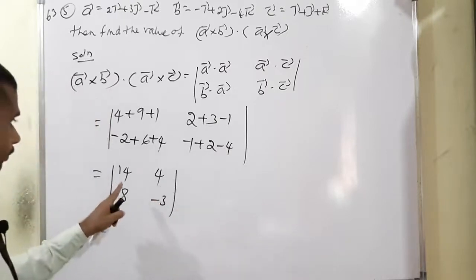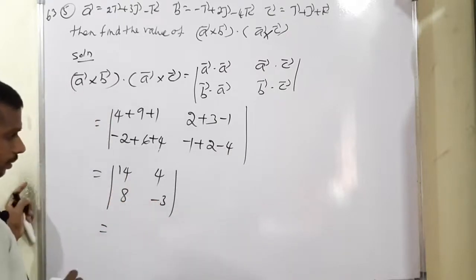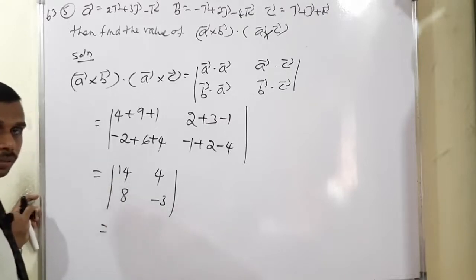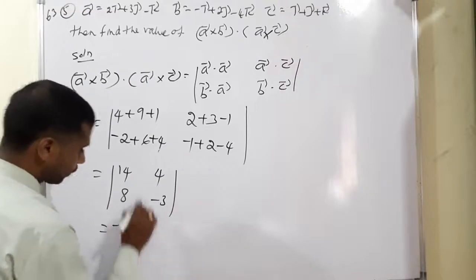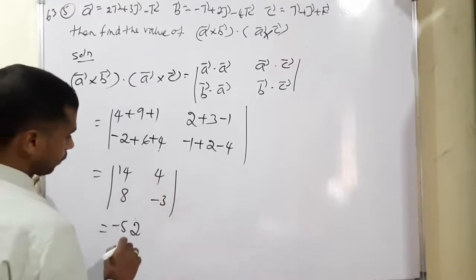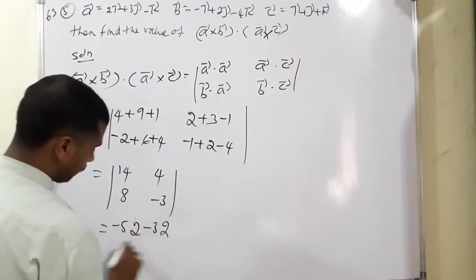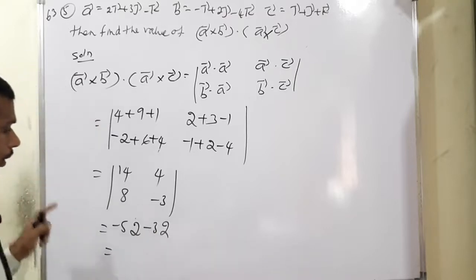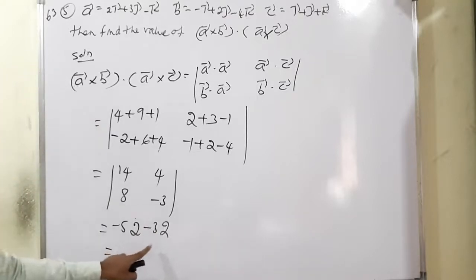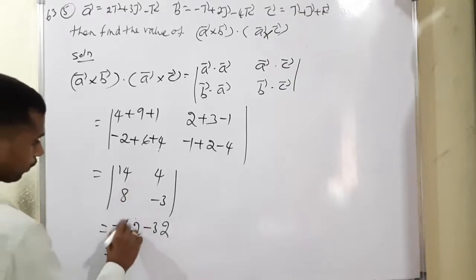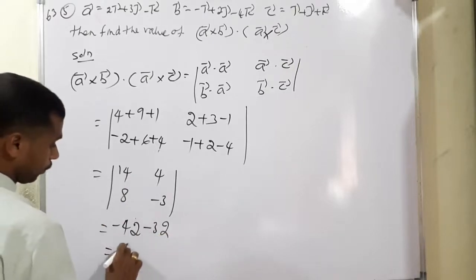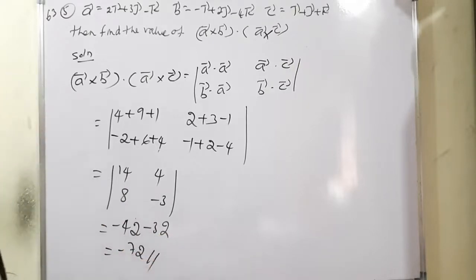So what is the answer? 14 into minus 3, sorry, 14 into 4 is 56, minus 4 into... 3 4s are 12. 8 4s are 32, so minus 32. 30 plus 12 is minus 42. So minus 42 minus 32 means minus 72. This is the answer for question number 5. Okay, I will continue the next question.